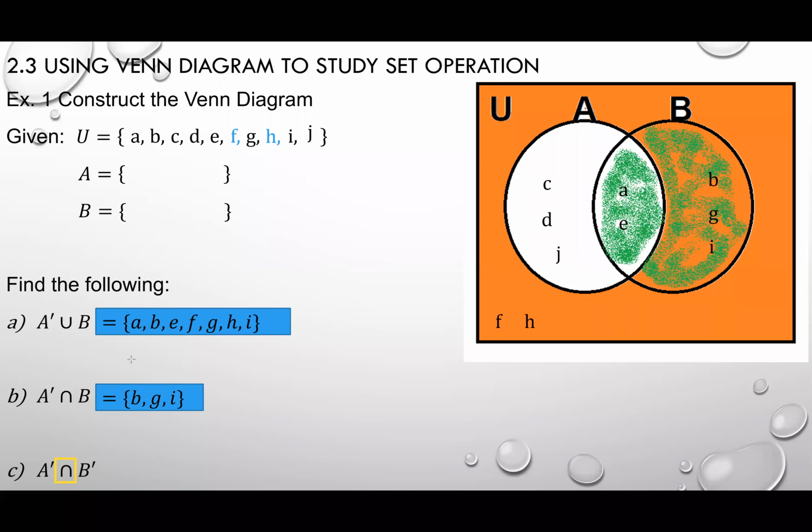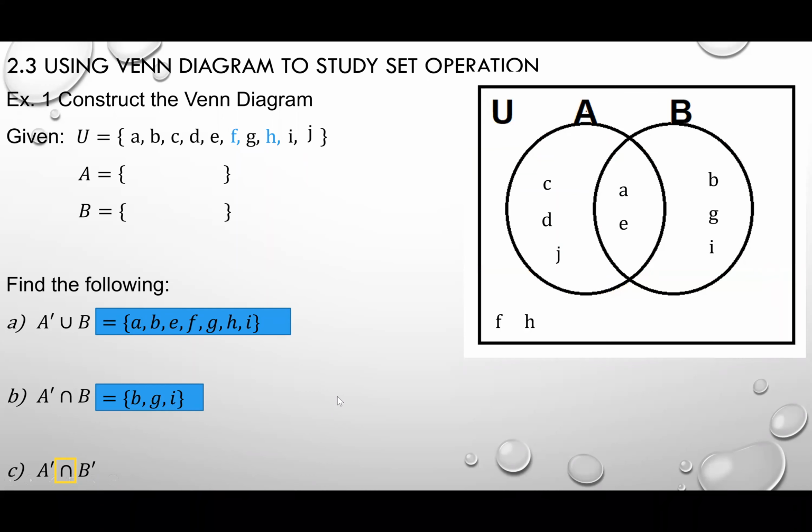With the notation, do we just combine the things together, or do we see where they intersect or overlap each other? So do you agree that for this item here, C, we're looking for something overlapping? Okay, so let's take a look at one at a time. Let's go back to my original, this is my regular Venn diagram.